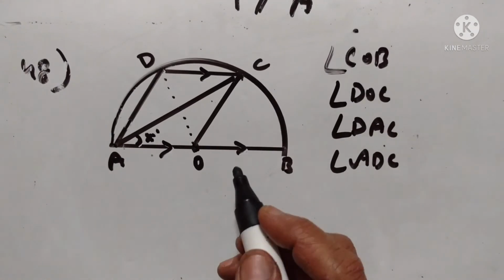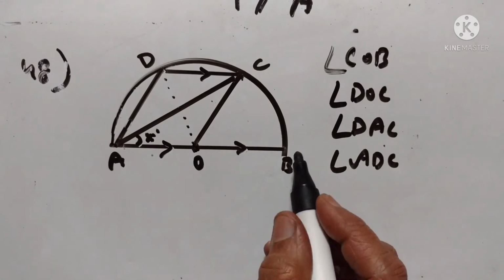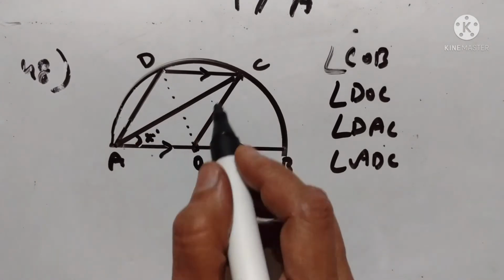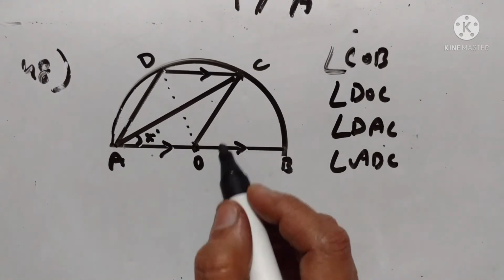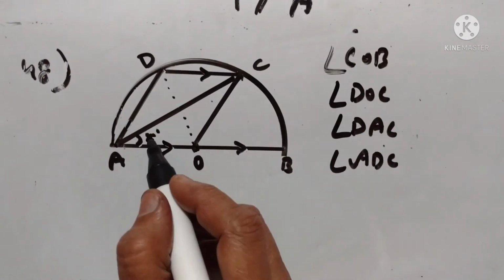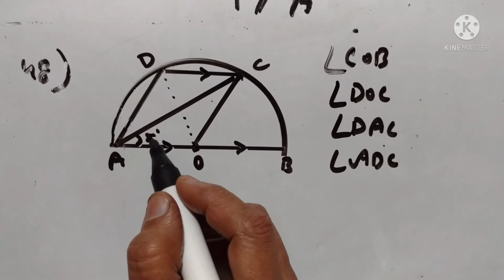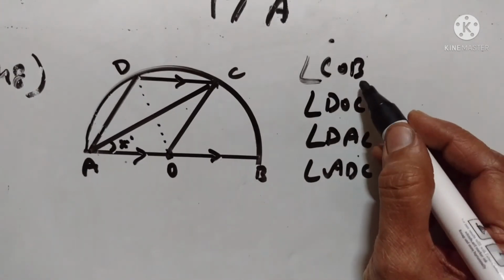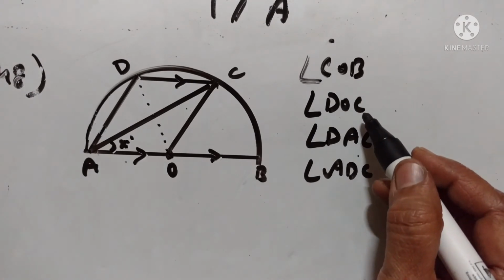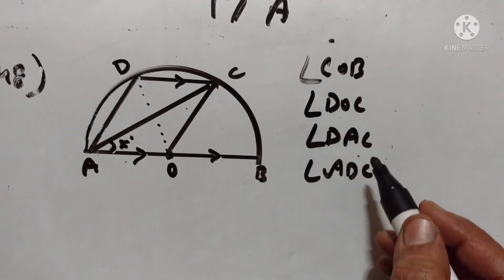48th problem. In this figure, AOB is a diameter and DC is parallel to AB. If angle CAB is equal to x degrees, find in terms of x the values of angle COB, angle DOC, angle DAC and angle ADC.